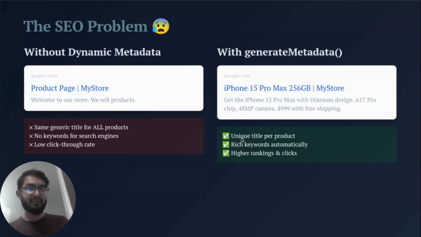So this is a unique title per product, with rich keywords, giving automatically higher ranking and clicks. As a user, you would definitely click this because it gives you a better overview and a better search result, right? So this is the difference between without dynamic metadata and with generateMetadata.